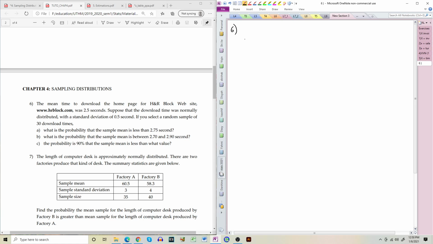It's almost the same. So again, X is time to download. X is normally distributed, mean 2.5, standard deviation 0.5. Random sample is 13.